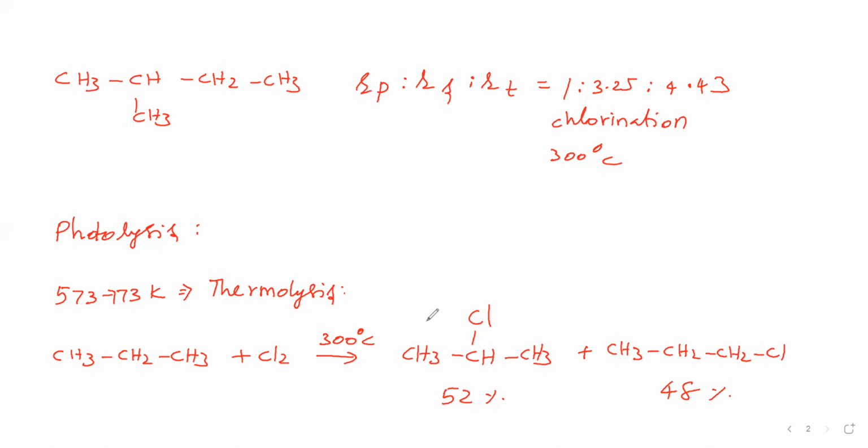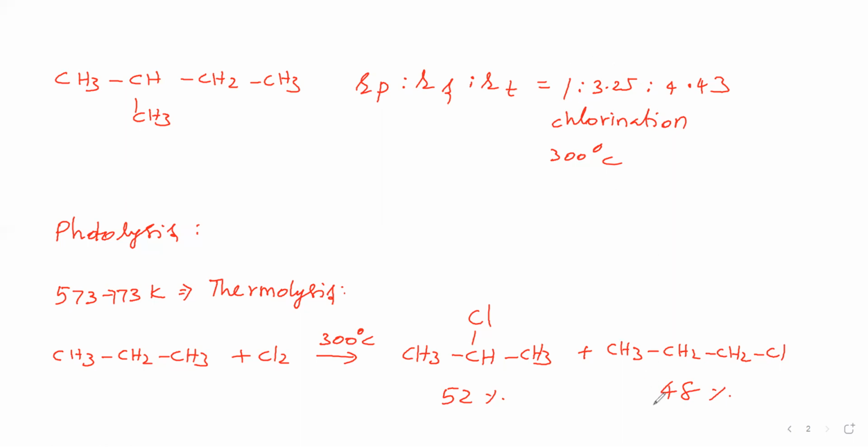Now see the rate of halogenation and the percentage of product. Are they equal or not? It is 1:3.25, means the secondary product should be 3.25 times that of primary, isn't it?